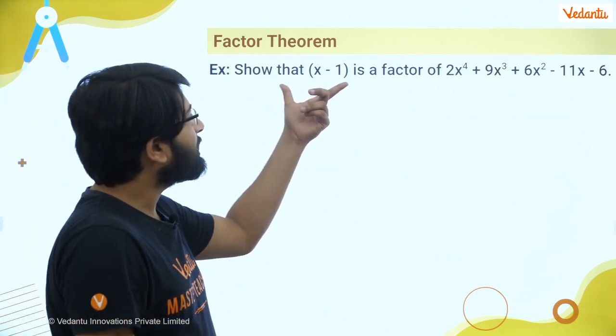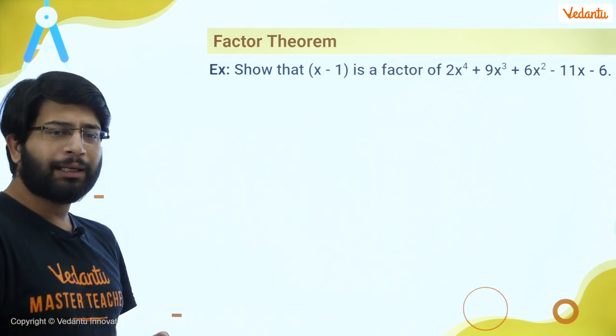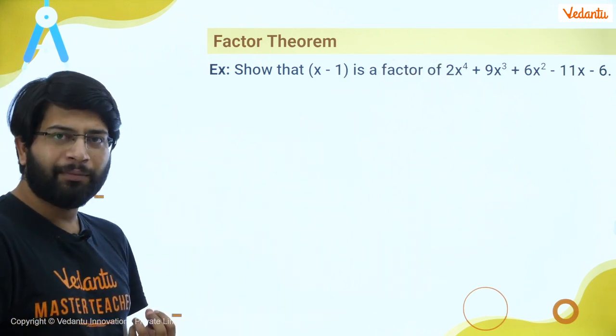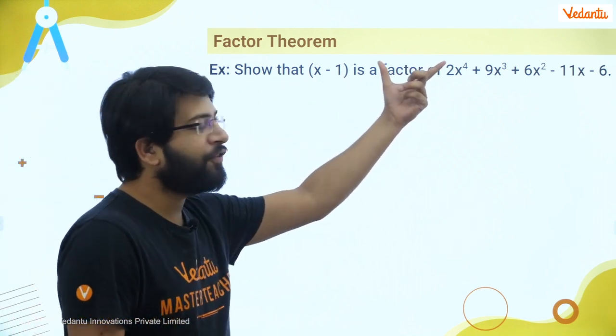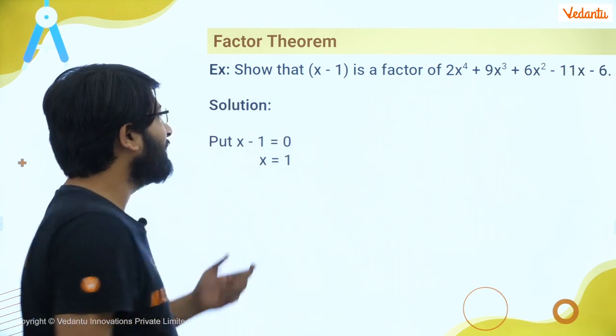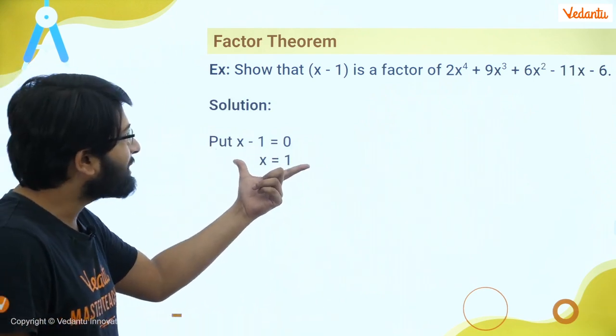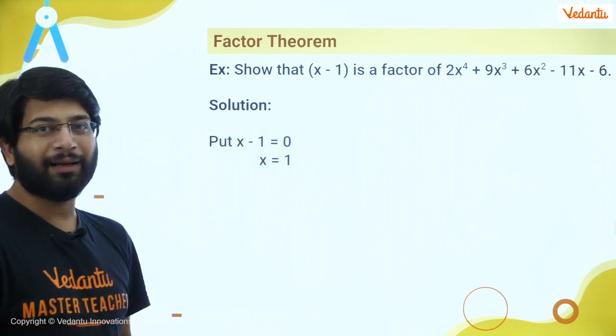Now let's see this question. Show that x minus 1 is a factor of this biquadratic. How to do it? With the help of the factor theorem, we can say that if x minus 1 is a factor, then x equal to 1 will be a zero of this polynomial.